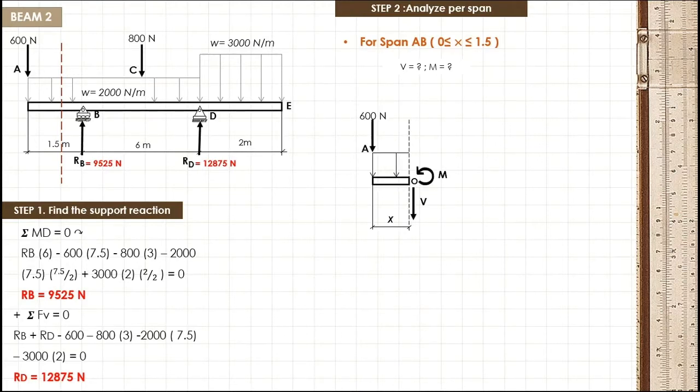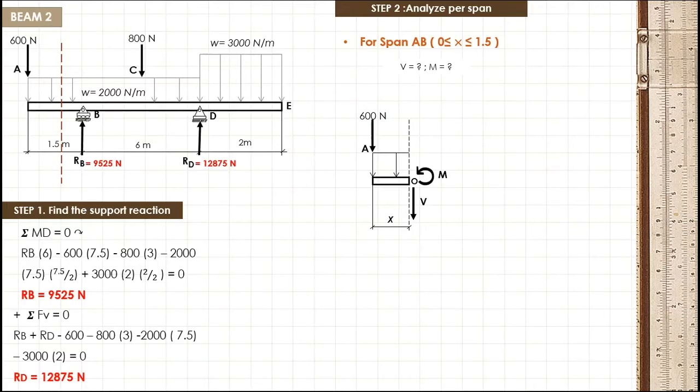Now let us analyze the span AB. Let us put this section plane and isolate the left side. We will have this figure. As you can see, there is still 600 Newton downward load, and here is the section plane, and there is an X, which is the distance from the left edge.